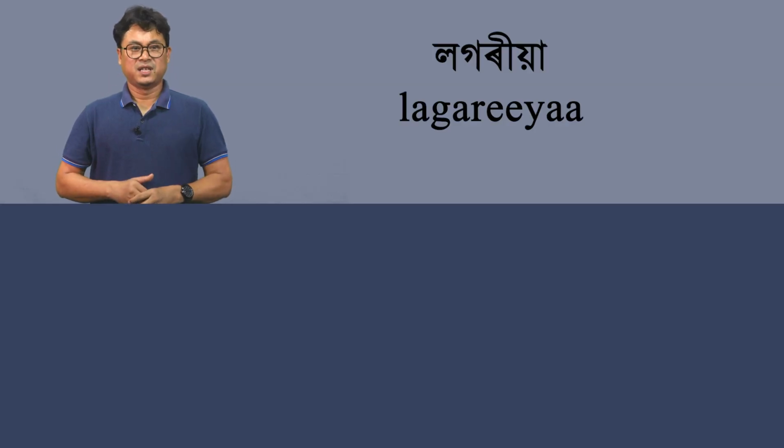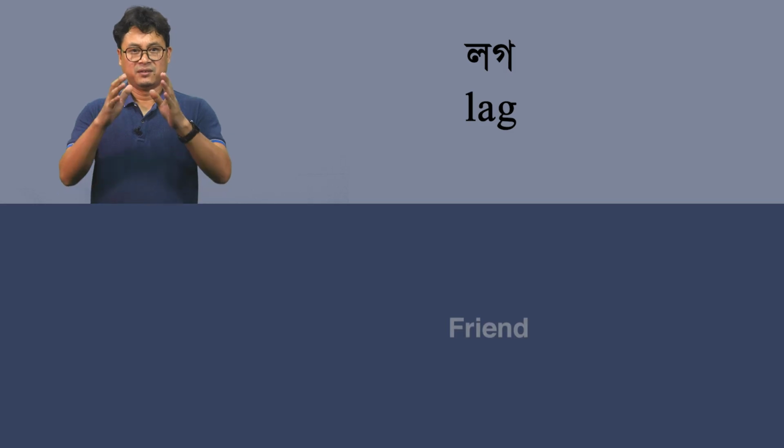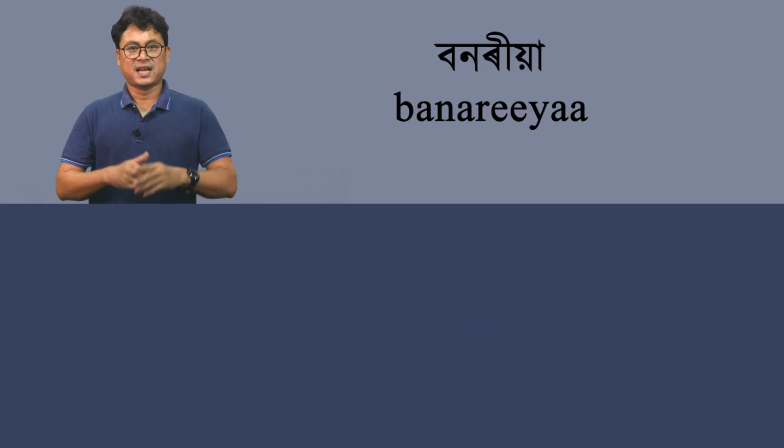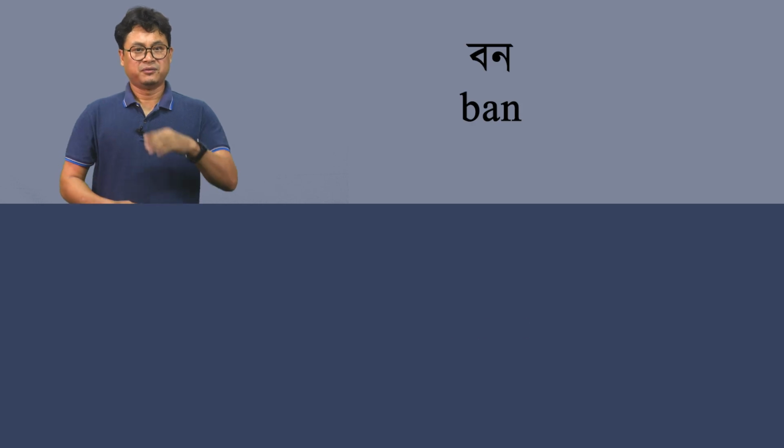It attaches directly to a nominal base and derives a new word. For example, logoria means companion, from log, which means friend, and bonoria, wild, from bon, which means forest.